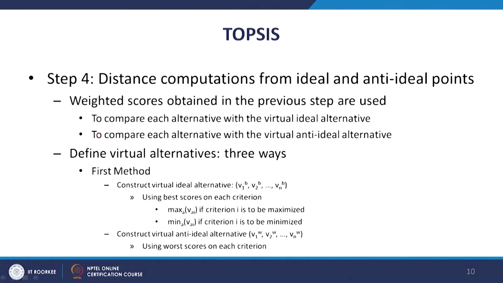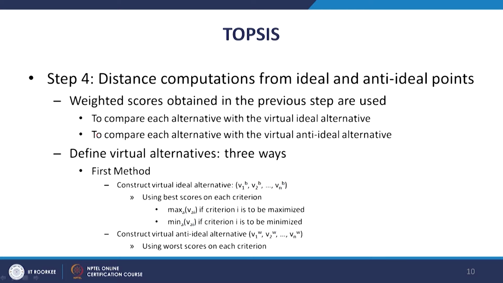Similarly, we are going to define a virtual anti-ideal alternative, and the weighted normalized scores that we have for each of the alternatives are going to be used to compare the alternatives with this virtual ideal alternative and virtual anti-ideal alternative. So, how do we define these virtual alternatives? We are going to cover 3 ways which can be used to define these virtual alternatives. So, let us talk about the first method.